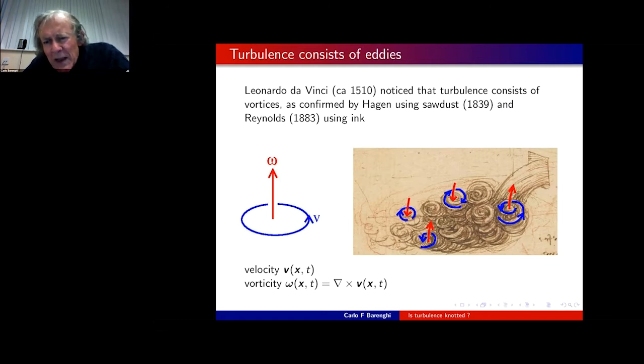If you look at this picture, I superimposed with my pen in blue the direction of the flow of the eddies. You see some vortices being clockwise and some being anti-clockwise. And in red, I've represented what nowadays we call the vorticity. The vorticity, as you know, is the curl of the velocity field.